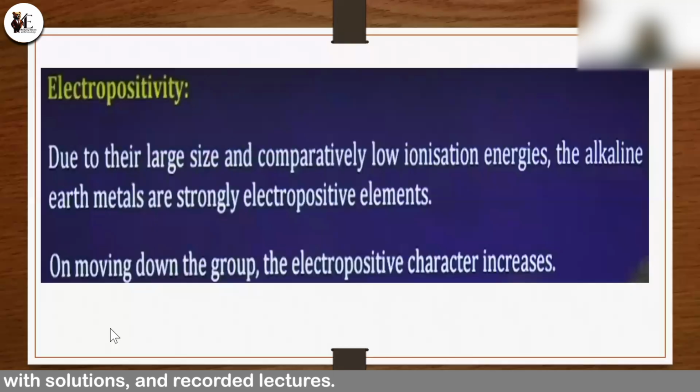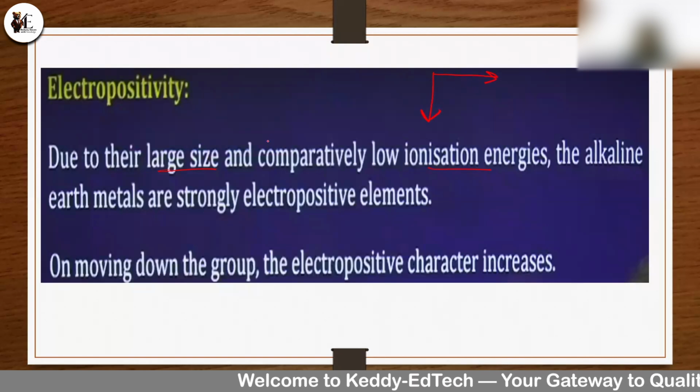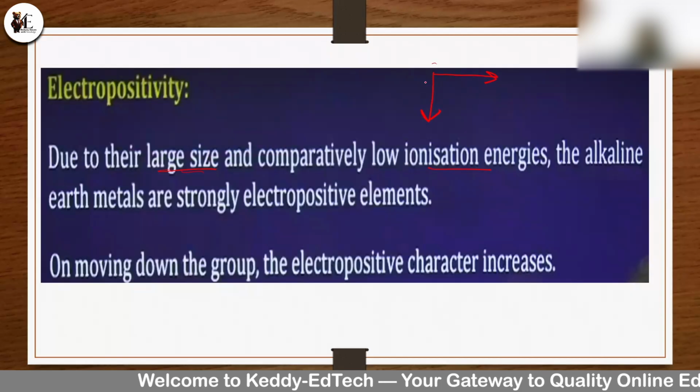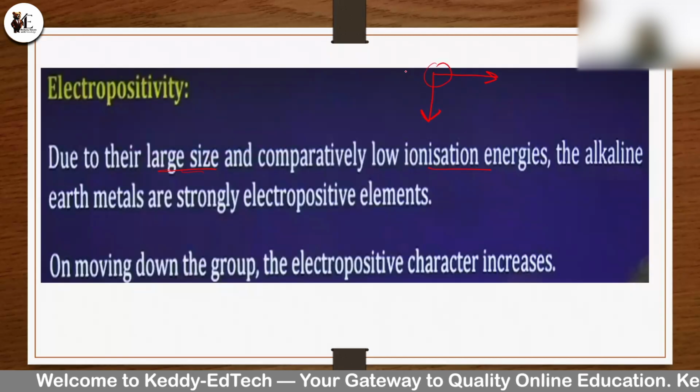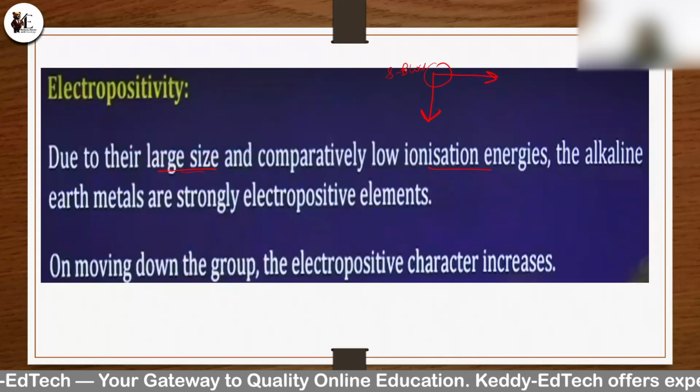So what is electropositivity? Due to their large size and comparatively low ionization energy. As you move down the group, atomic size increases, and as you move across the period, atomic size decreases. The S block elements are larger as compared to P block and D block.